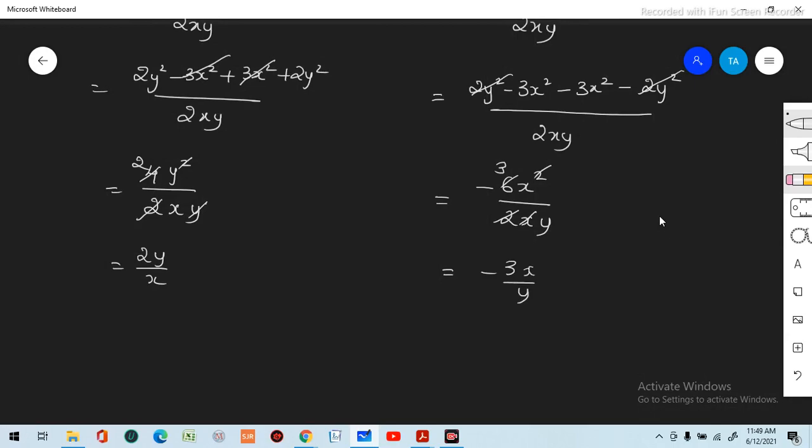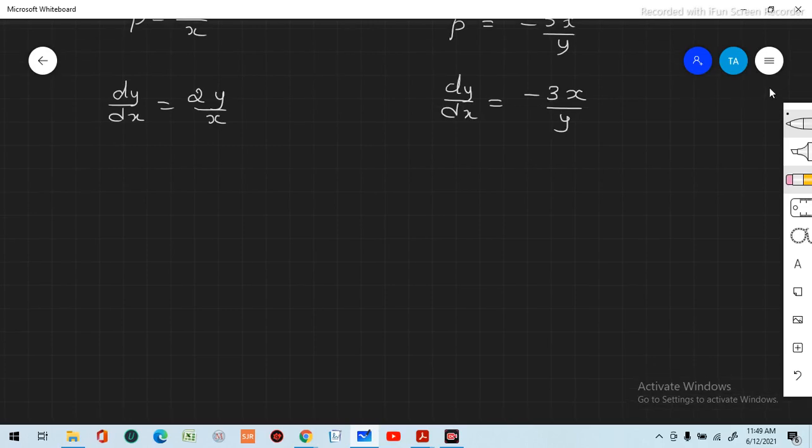Now substitute the values of p. P is dy by dx is equal to 2y by x. Here dy by dx is equal to minus 3x by y. Now you tell me what can be written?